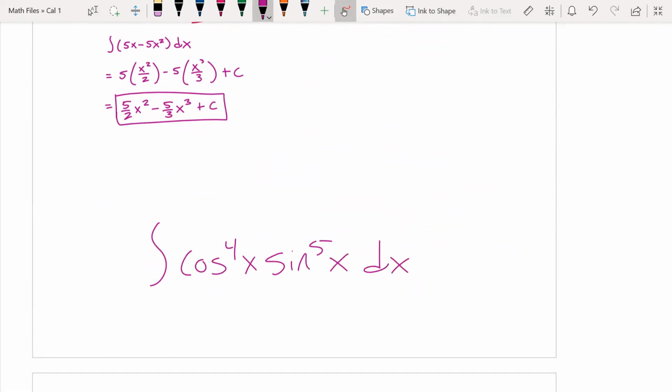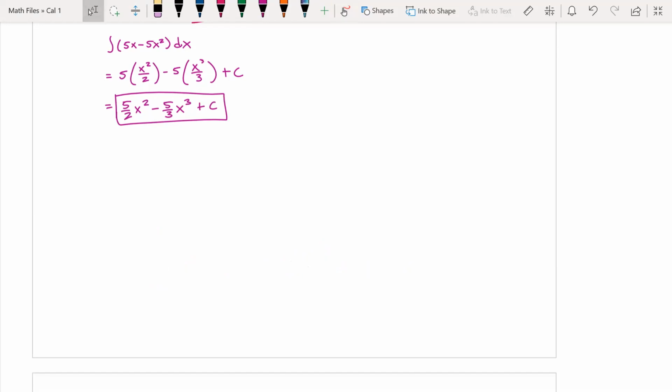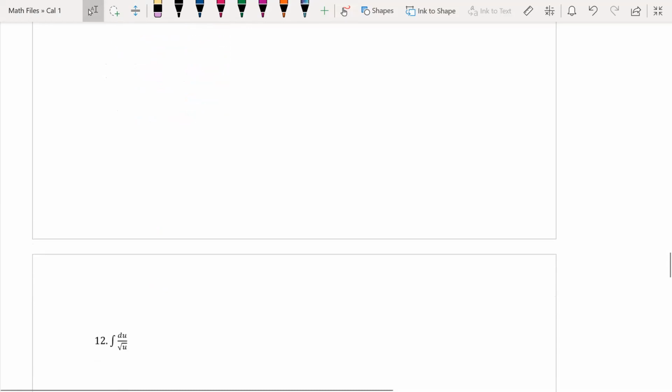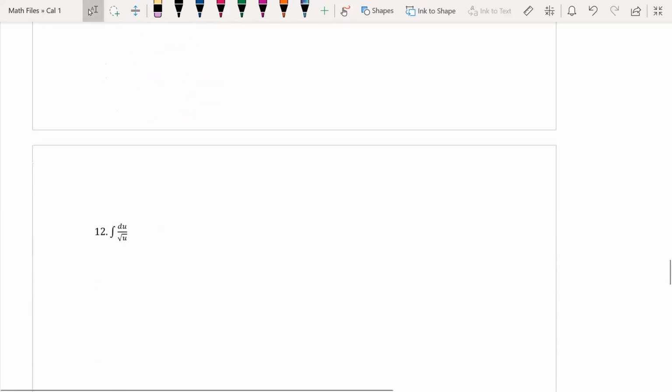You have to make substitutions on substitutions on substitutions to find this integral. Then you learn trig sub, which is using trig to simplify an integral. Oh boy. All right. Fun stuff.